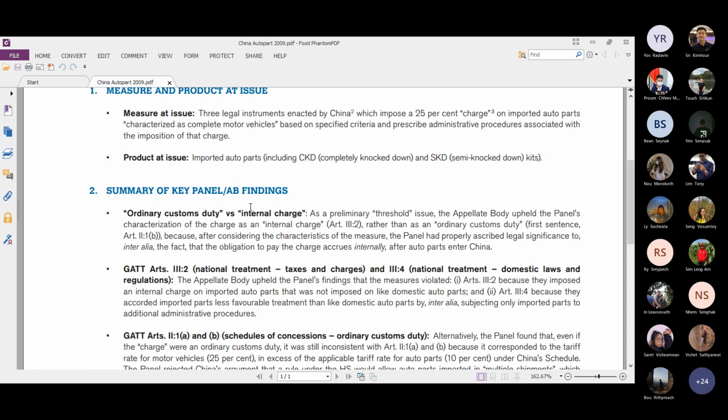China only imposed a financial charge or internal charge. But the EU, Canada, and US consider the internal charge imposed by China as a part of customs duty, because the charge imposed by China on auto parts from the EU, US, and Canada caused a barrier for export by the three countries into China.